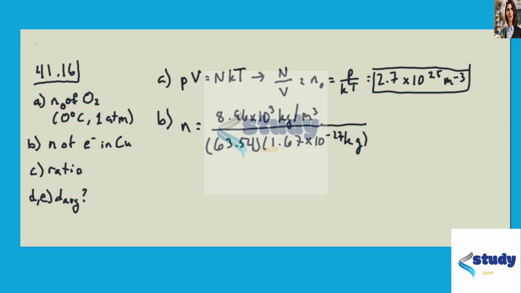So this is sort of the number of copper atoms per cubic meter, basically, with the needing to then convert that to electrons. And so then we get 8.43 times 10 to the 28 inverse cubic meters.